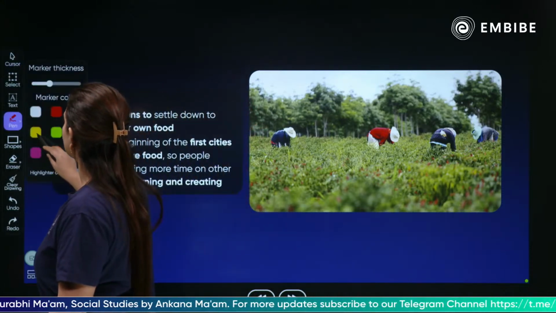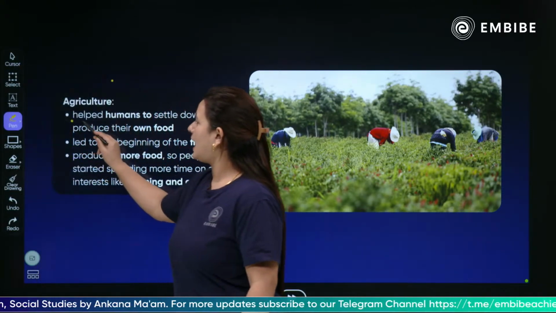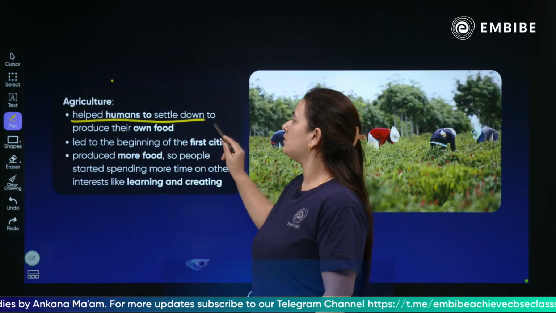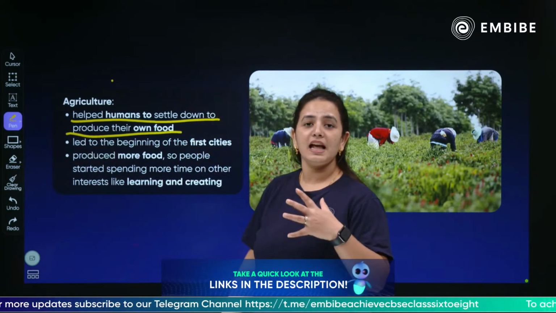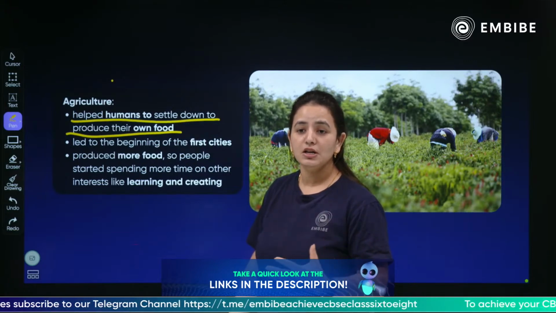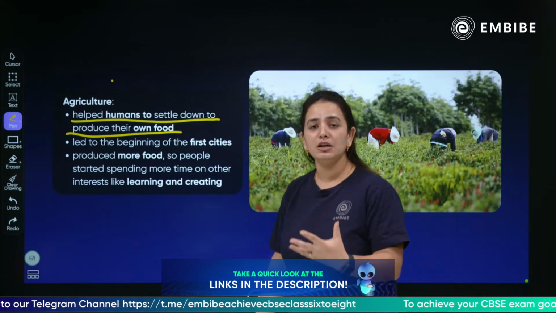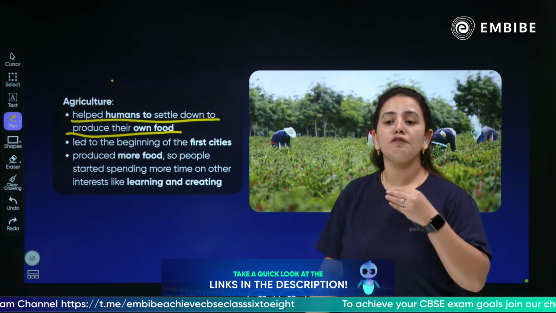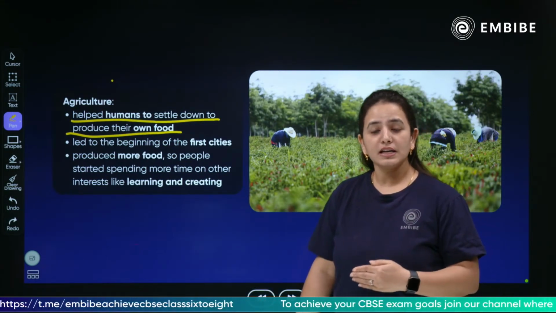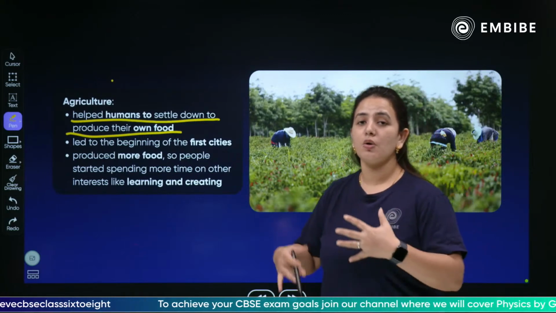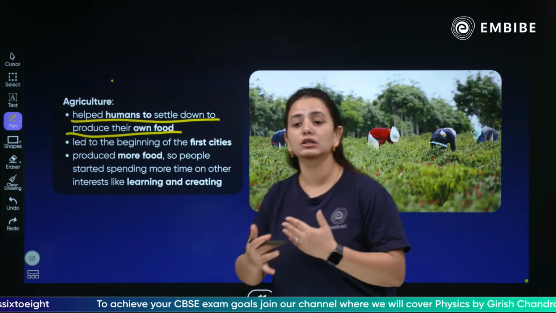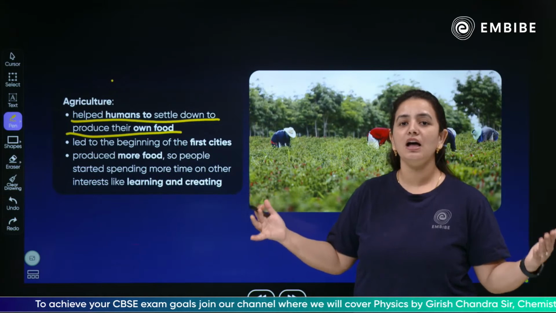Agriculture practices help humans settle down to produce their own food. Agriculture has helped humans settle in a particular place and produce food for their own benefit, their own utilization, and of course for all the population existing in the country.